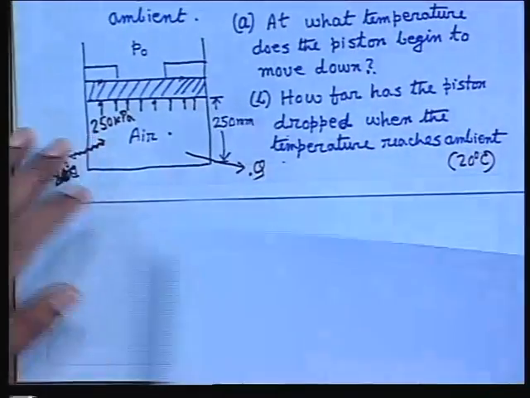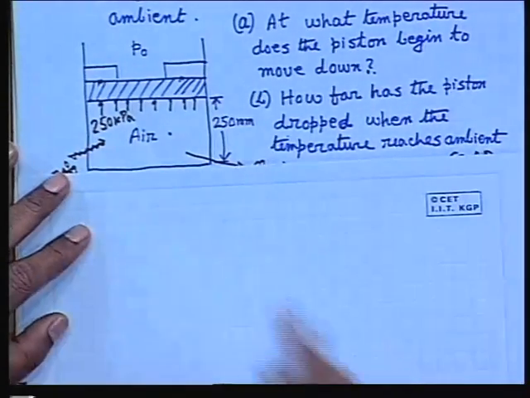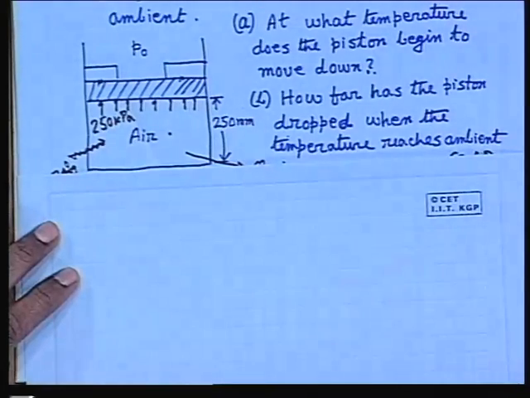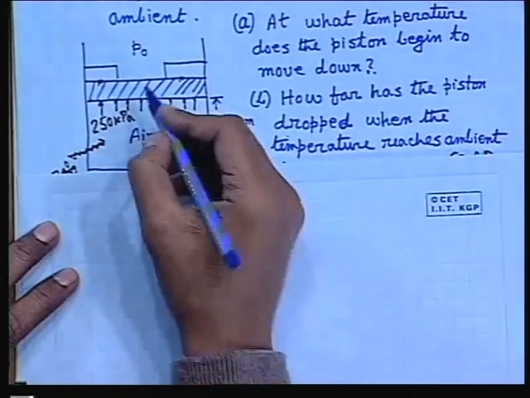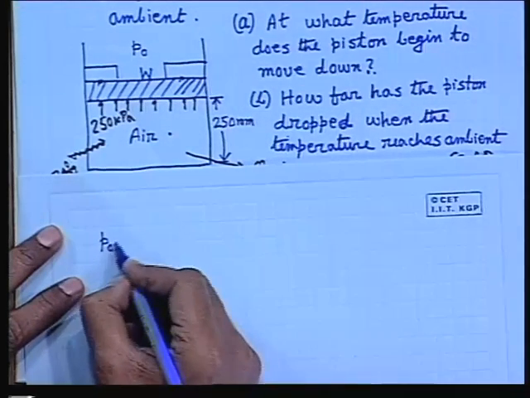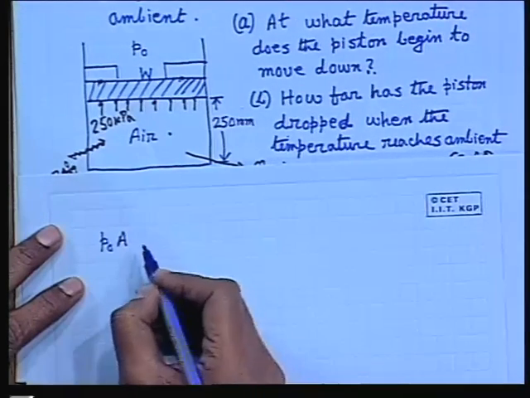Well, so what is this pressure? Calculate. Now let me write in terms of atmospheric pressure P0 and all these things. Let the weight of the piston be W, and let A be the area of the piston.